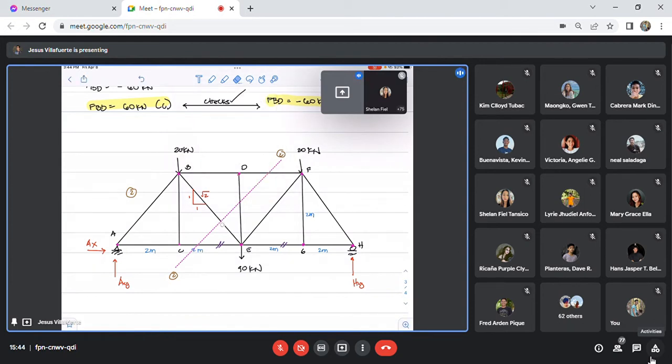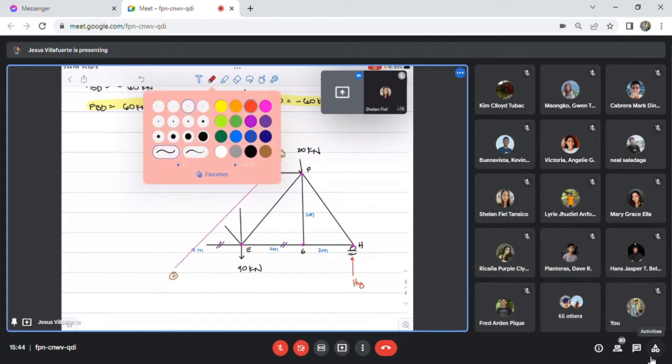Let's cut these members right here, and then let's cut the whole thing. And then the glass wall. This no longer matters because we already solved it. So this is just the member.